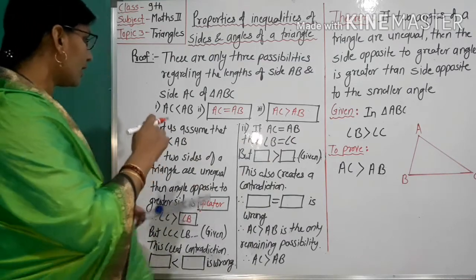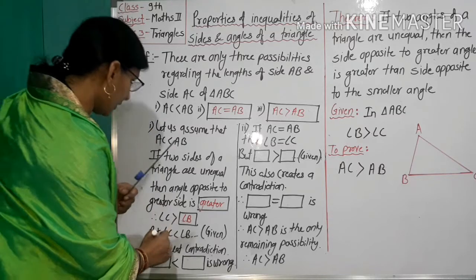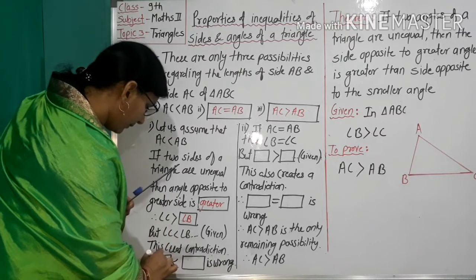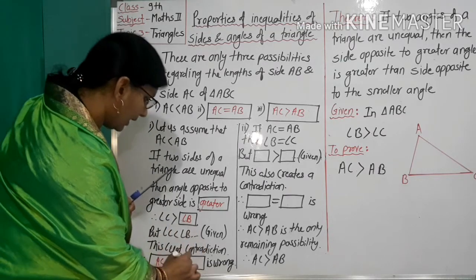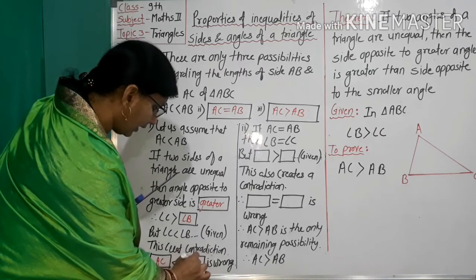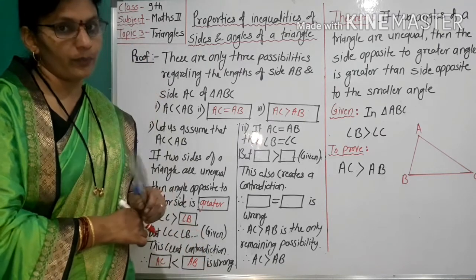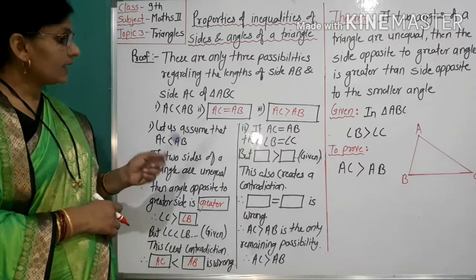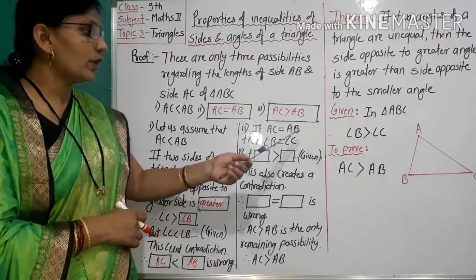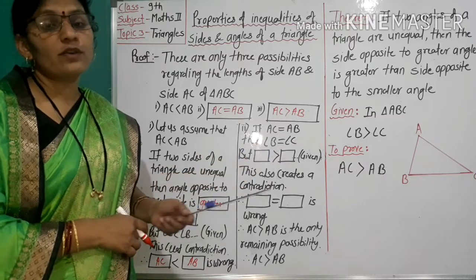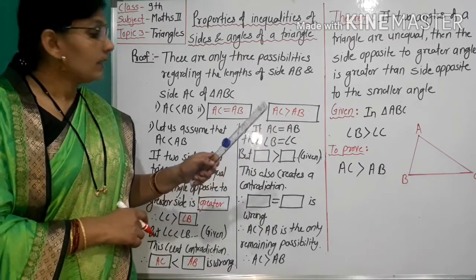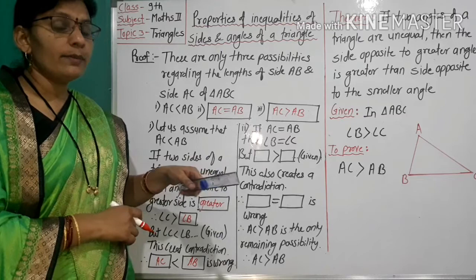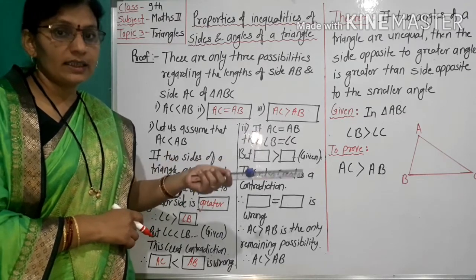And therefore our first assumption, that AC is less than AB, is wrong. Then the second assumption is that if AC equals AB, two sides of the triangle are equal, then the angles opposite to them are also equal, by the isosceles triangle theorem.